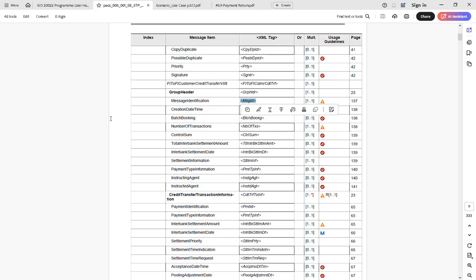Then you have to use the Java logic here, how Java opens the bracket and closes the bracket. So here, closing the bracket, like this we can map it. Why is this important? This is important when you do a migration project, MT to MX migration.